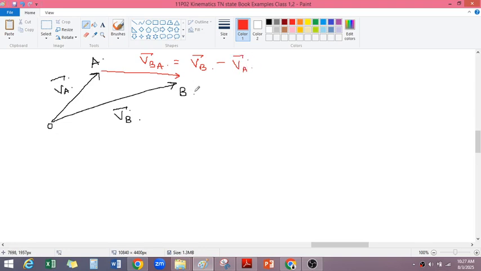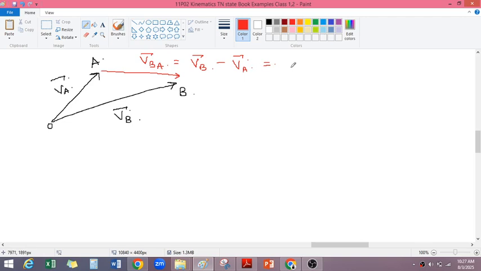Take it down properly. The diagram is not given in your book. Only if you have the diagram will the entire discussion make sense. VB minus VA. So this is like vector subtraction.